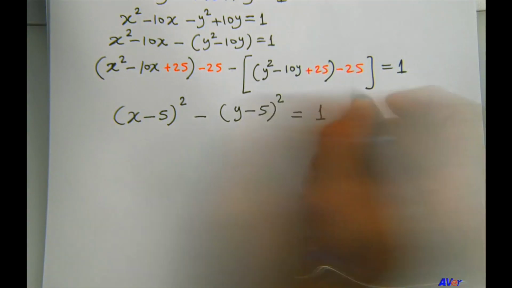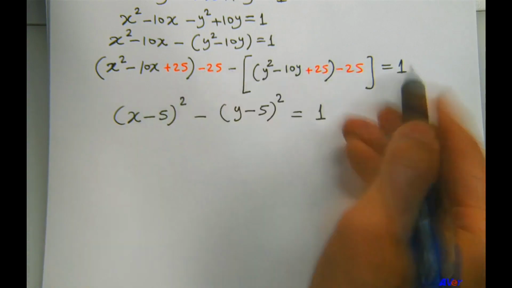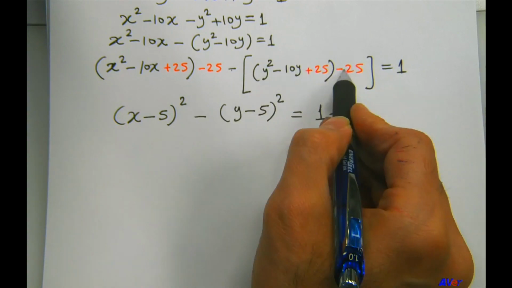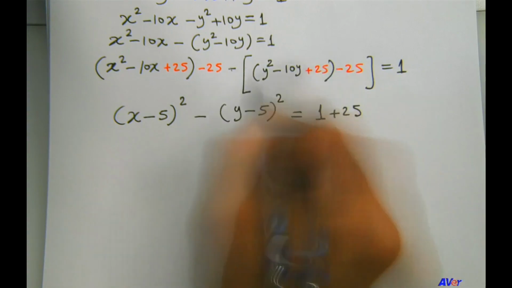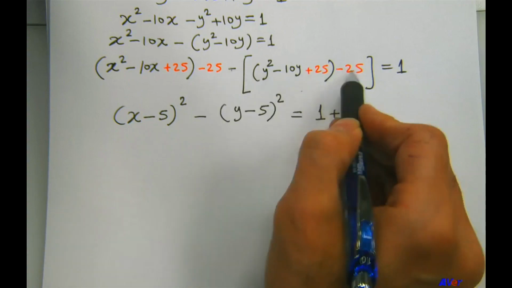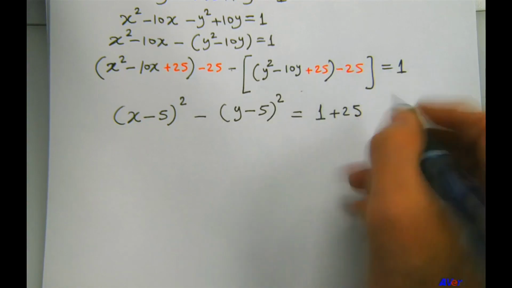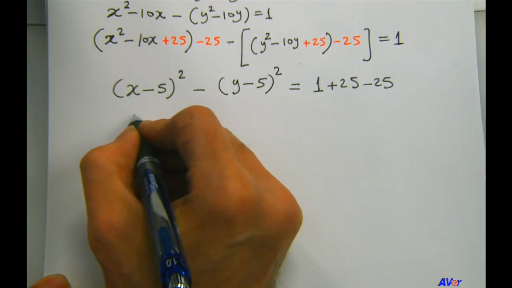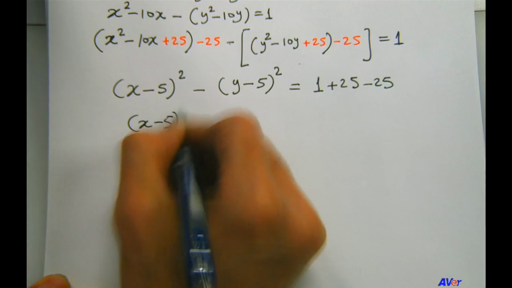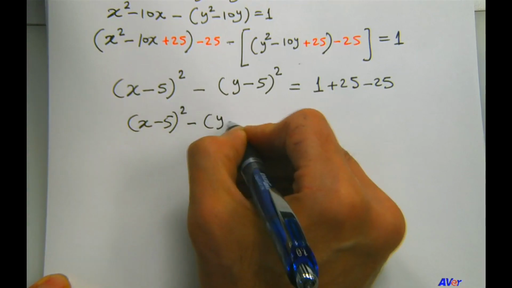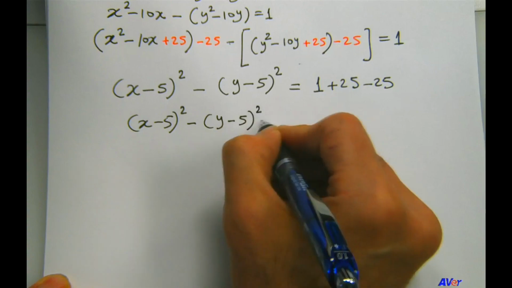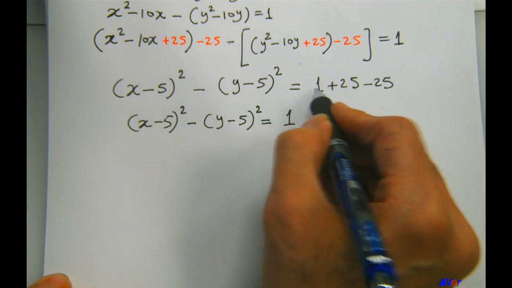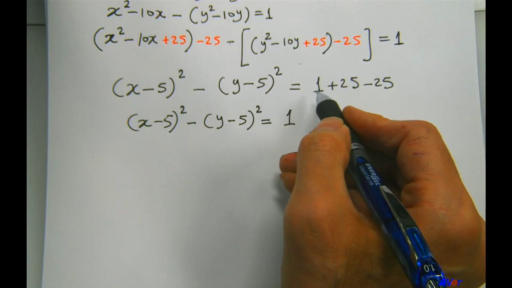When I move this minus 25 to the other side, it becomes positive 25. But this minus times minus, when we distribute this to both of these, it's going to make this positive 25. When I move it to the other side, it becomes negative again. So what we have is (x minus 5) squared minus (y minus 5) squared equals 1, right? These two add up to 0. 0 plus 1 is just 1.